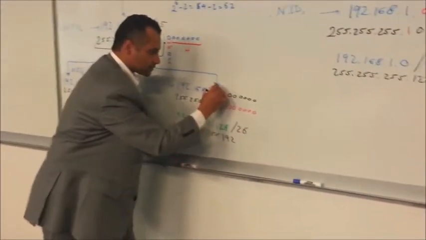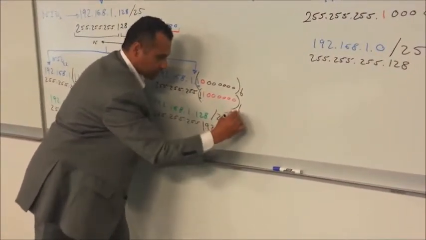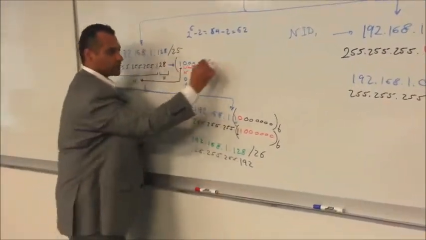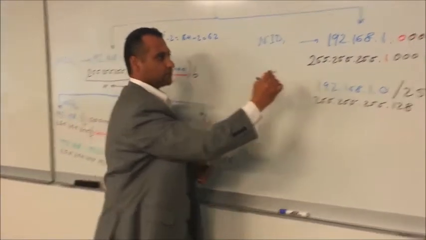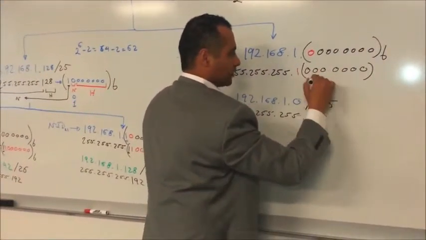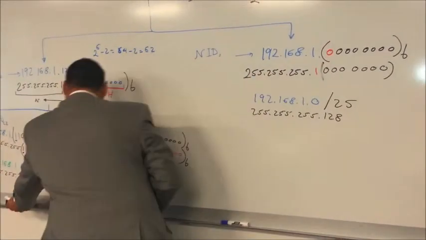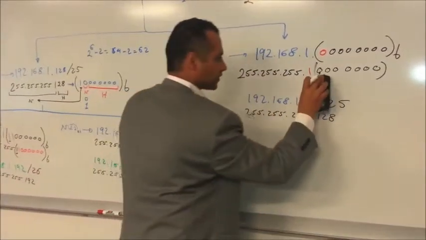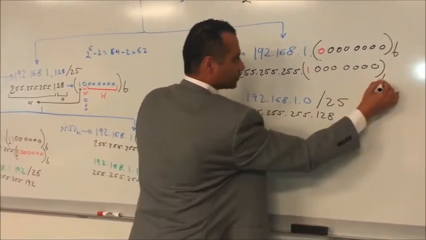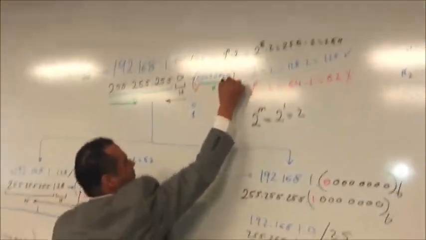I wrote the last octet in the binary system. Very good. So you can do it here also as well. That's your binary, and that's your binary, and that's your binary. Did this help? Very good, right? And that's what we have. That's in binary.